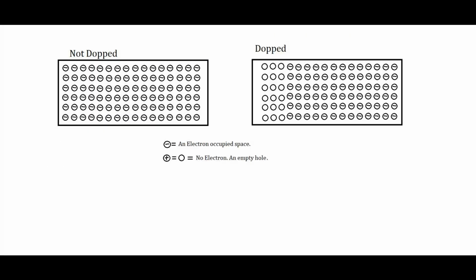Now, to make these semiconductors, which means sometimes they conduct, sometimes they don't, and to what degree they conduct, you can do something called doping. Doping is mixing a substance with the silicon, which could be germanium. There's different types. Since we're not making transistors, we don't really need to know what they are in this video.